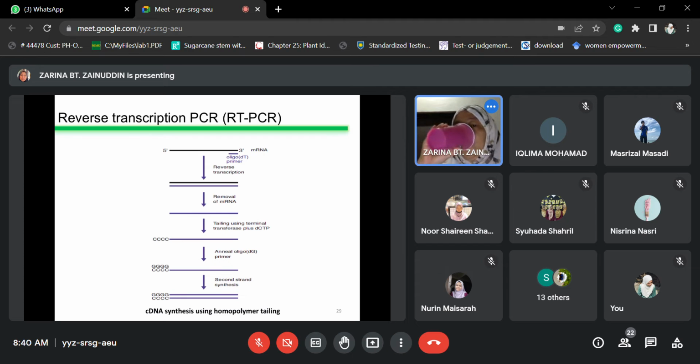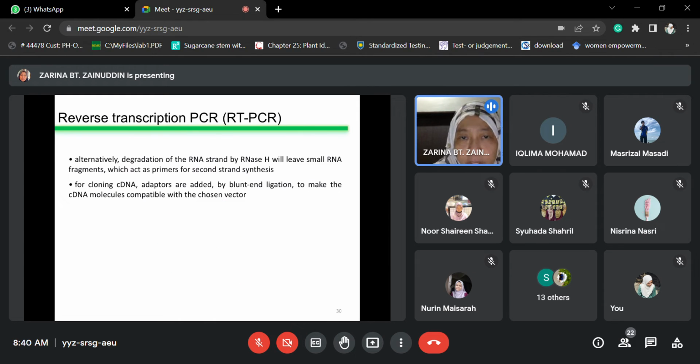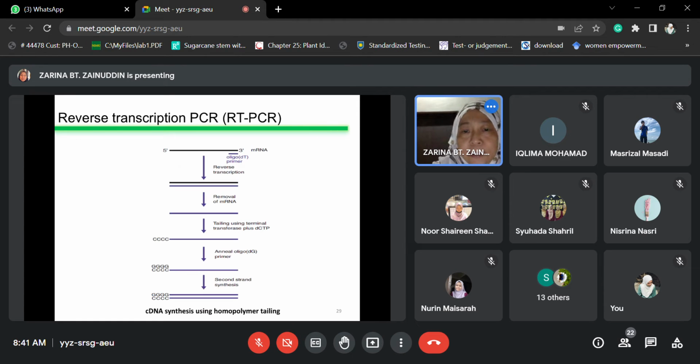Okay, this is another way how to synthesize cDNA. Or you can degrade the RNA strand by using RNase H, we leave small RNA fragments. Okay, this will cleave and degrade the RNA strand, but will leave some of the RNA fragments to act as primers for second strand synthesis, where you degrade this mRNA.